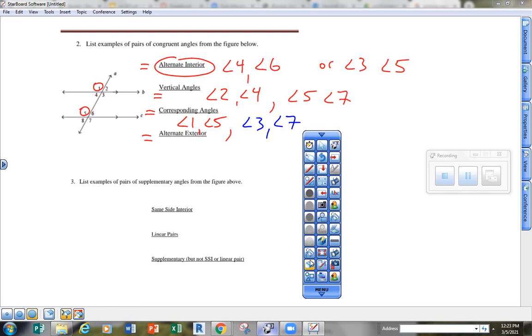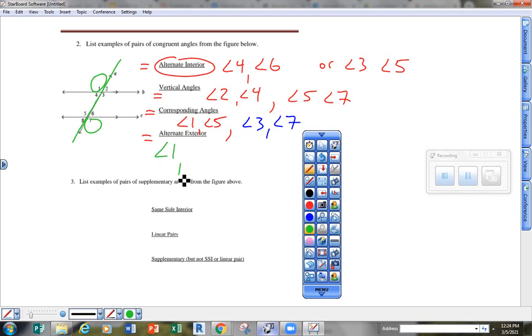Alternate exterior are the exterior angles on either side of this transversal, this one and then the alternate one down here, also equal.